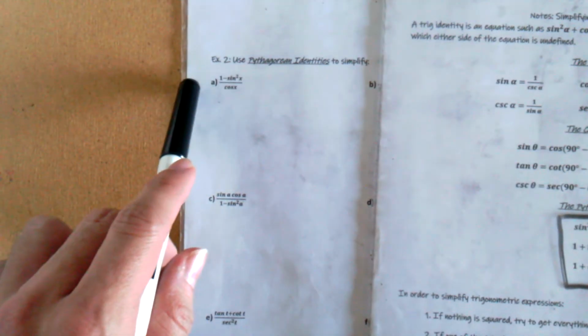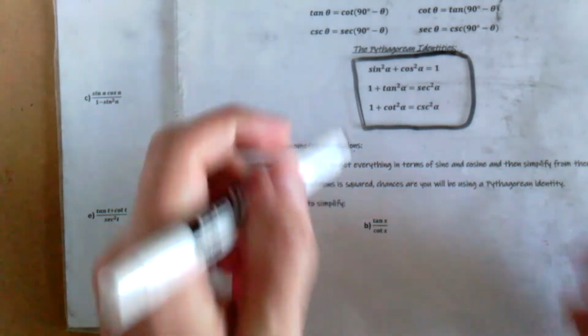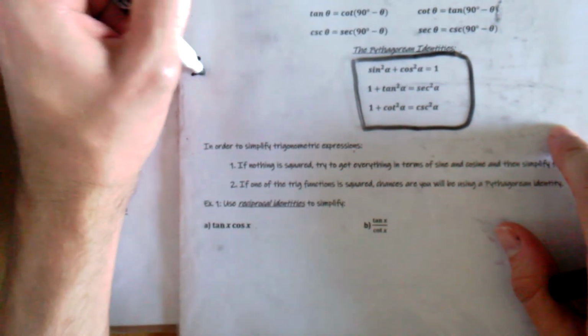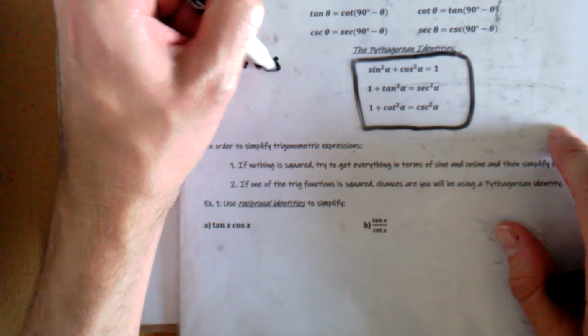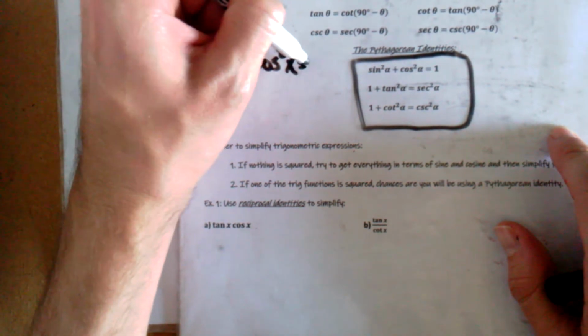Remember that in problem A, we changed 1 minus sine squared to cosine squared, because looking at this identity, sine squared plus cosine squared equal to 1, we can rearrange it so that it becomes 1 minus sine squared.